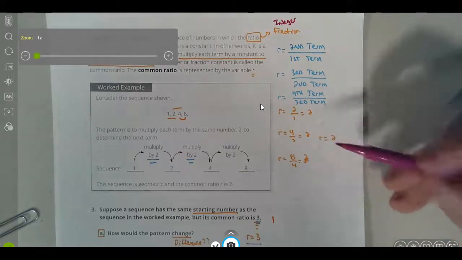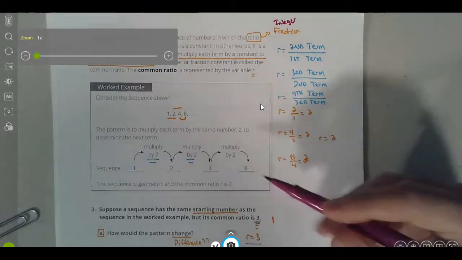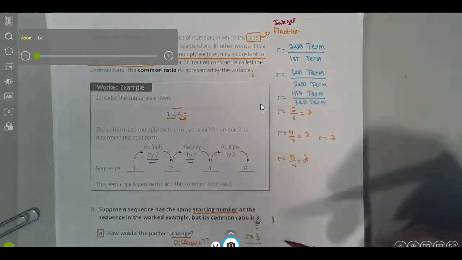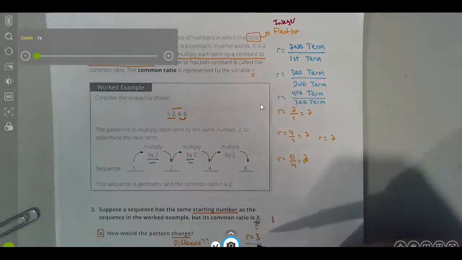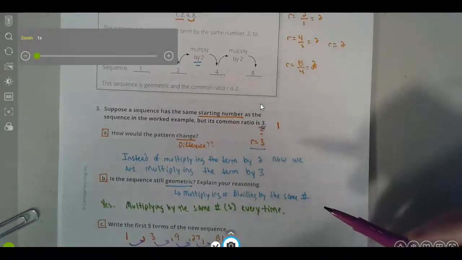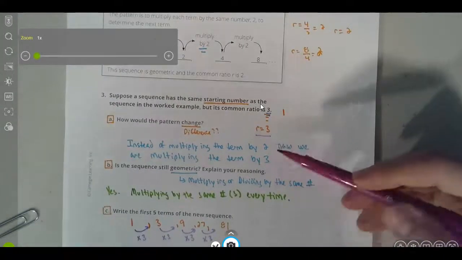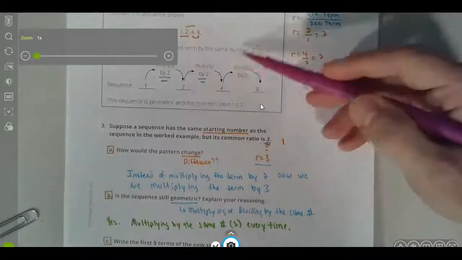It was 2. In question 3, we were then looking at, okay, well, what happens if I'm starting off with the same number 1, and my common ratio is 3? Well, the main difference is what I'm multiplying by has changed. Before, we multiplied by 2 in this example.